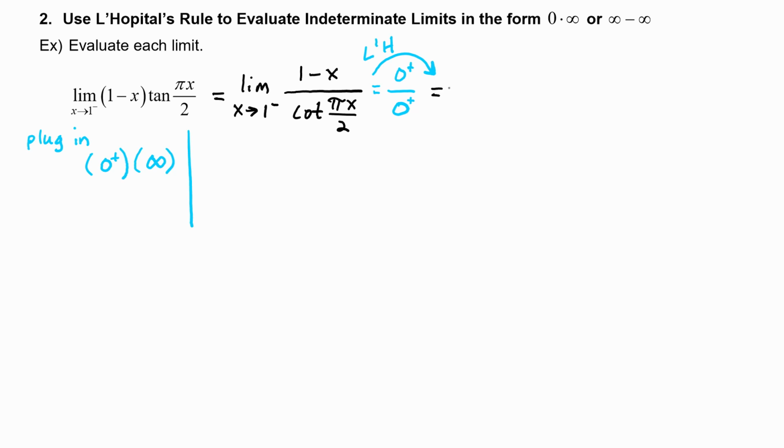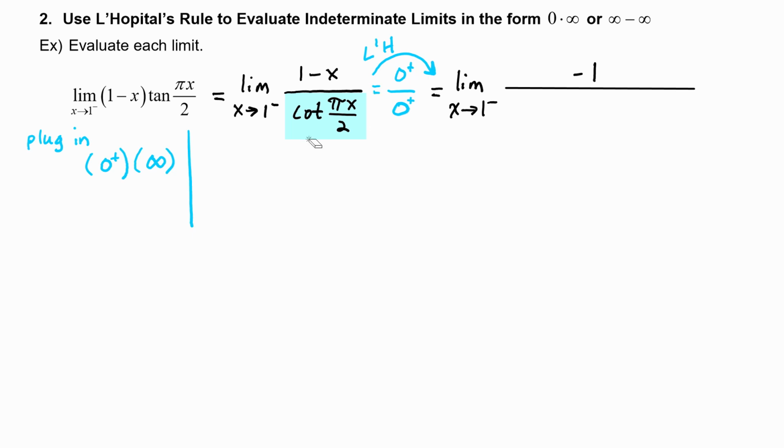And this is going to become the limit as x approaches 1 from the left. We have to take the derivative of the numerator, which would be -1, and we have to take the derivative of the denominator.